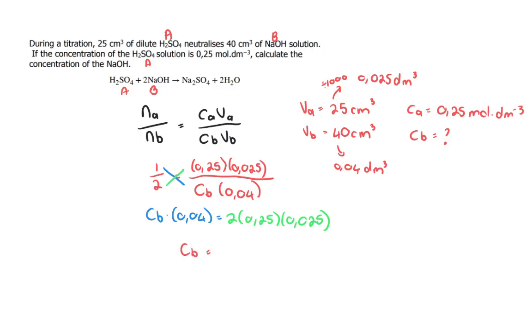And then to get my concentration of my base alone, I go and divide this whole thing with 0.04. So that means the concentration of my base is going to be 0.31 moles per cubic decimeter. And that is exactly how you would do it in your practical investigations as well.